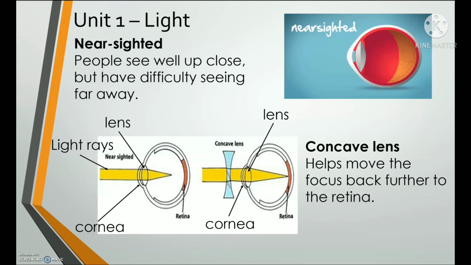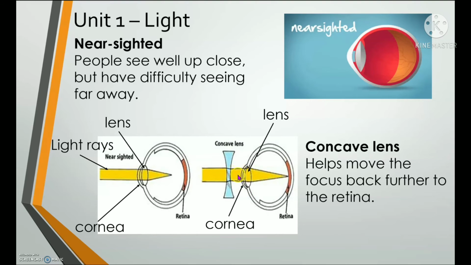So to fix this problem, this person can wear the concave lens, which is thicker on the edges. So when the light rays pass through a concave lens, the light rays are diverged before they reach the eyes.